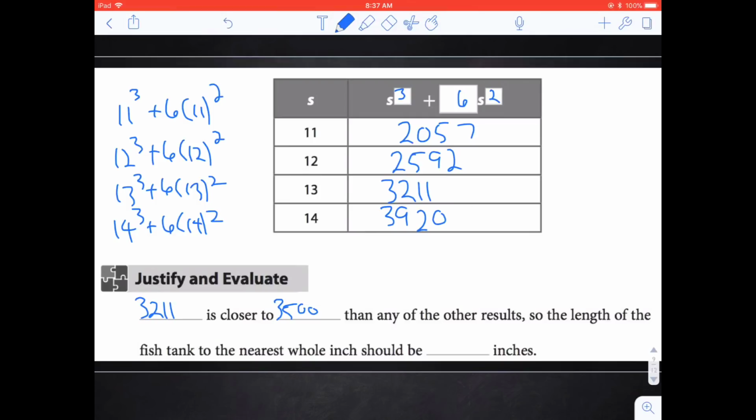That's a little less than 300 away from 3,500, where the 3,920 is 420 away. So since we know that, the length of the fish tank to the nearest whole inch should be 13 inches. Right, because that was what the problem asked for. I didn't ask for decimals, so we just needed 13 inches there.